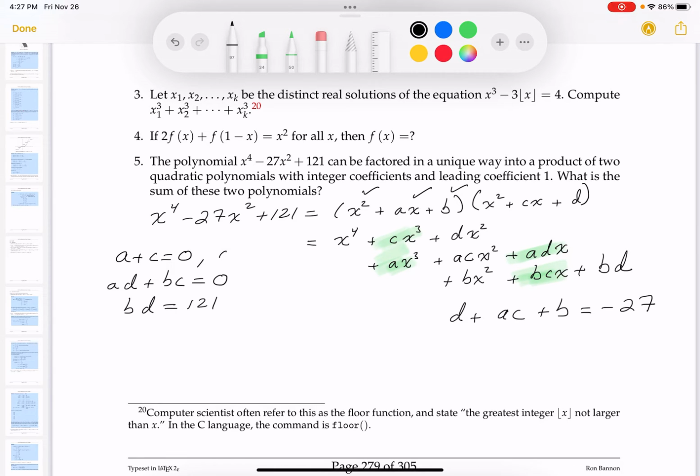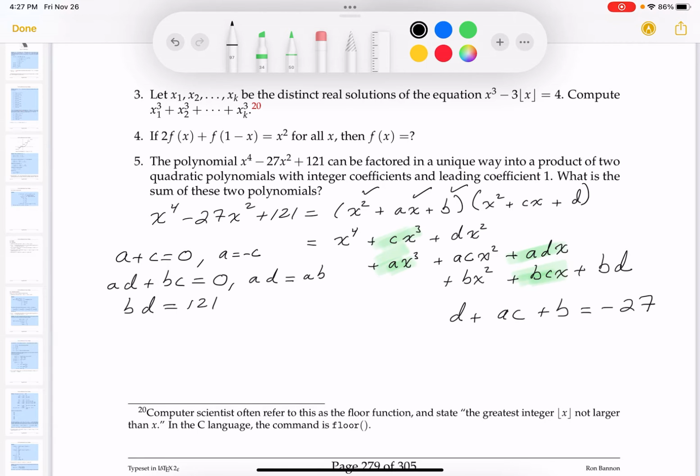And I'm going to say that A would have to equal minus C. And then I'm going to say over here that if A is equal minus C, I could write down AD minus AB using the second line. And why is that? C could be minus A, right? And that would equal 0.